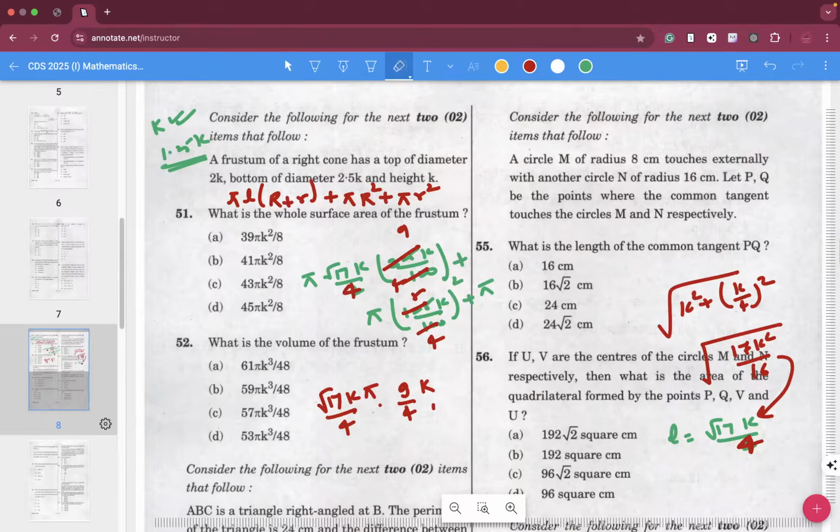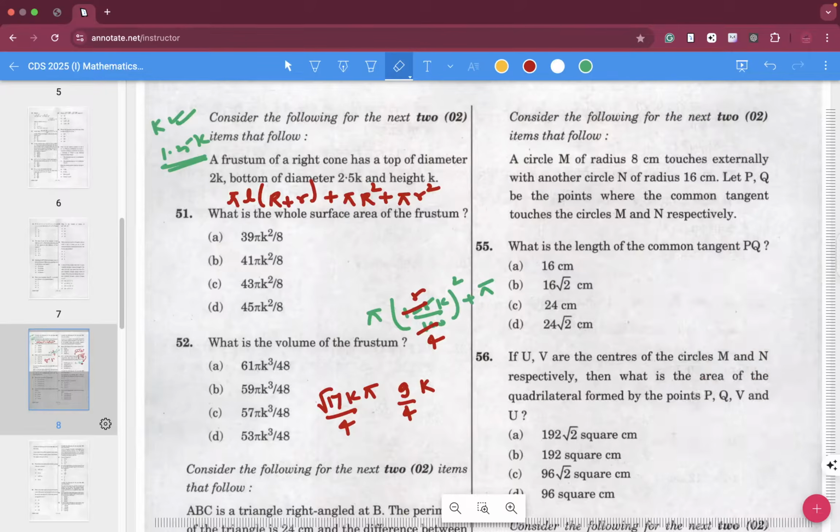Now this is done. Let me remove all of this. Plus this is pi into k square, which is how much?